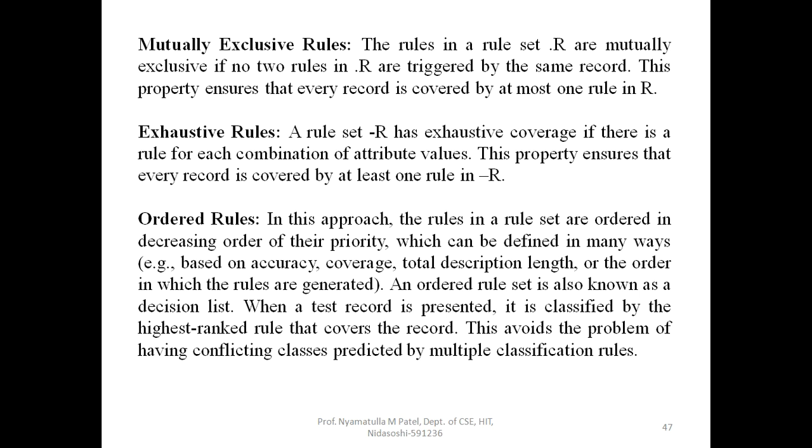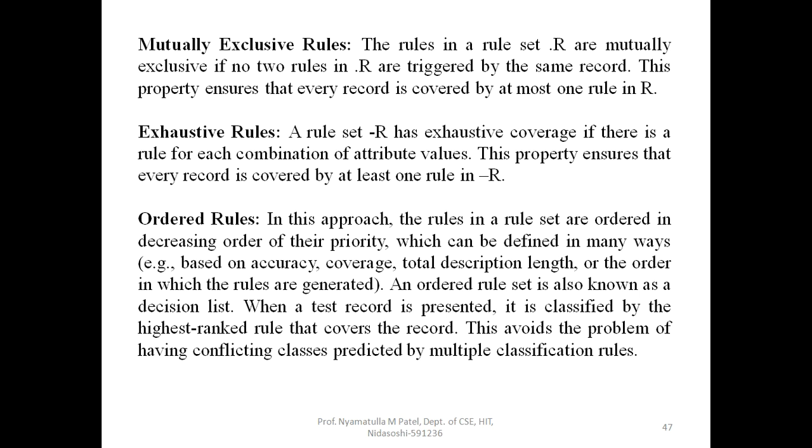Then ordered rules. In this approach the rules in the rule set are ordered in decreasing order of their priority. Already you know ordering, ascending order and descending order. Here the rules are ordered according to their priority, which can be defined in many ways, for example based on accuracy, coverage, total description length, or the order in which the rules are generated.